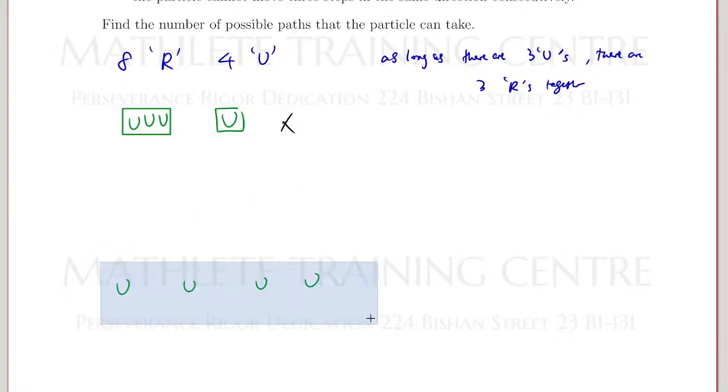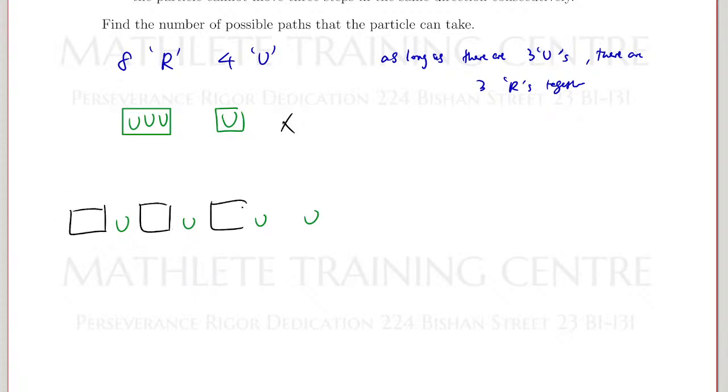Since we never get the 3 U's together, it's fine. We can just do it like this. And the consideration here is that each of these boxes can have from 0 to 2 R's. So what are the possible cases?